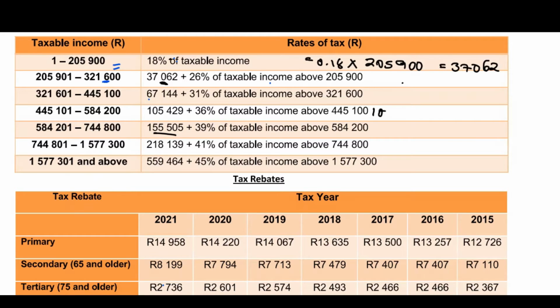So we shall say 105,429 plus 0.36 into brackets, the maximum number that you see here, which is this number here.